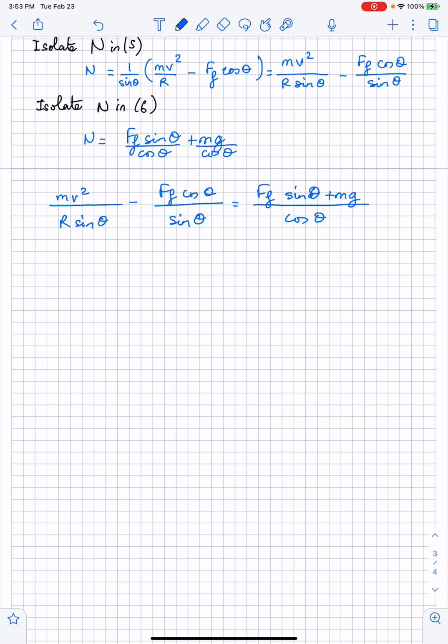Okay. And remember one thing, we are looking for v squared. Right? Okay. So let's try to simplify a few things right here.